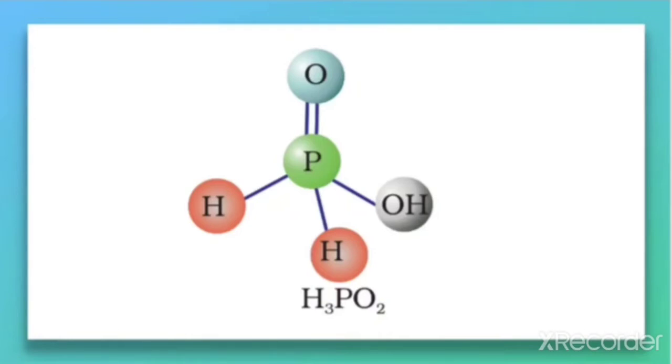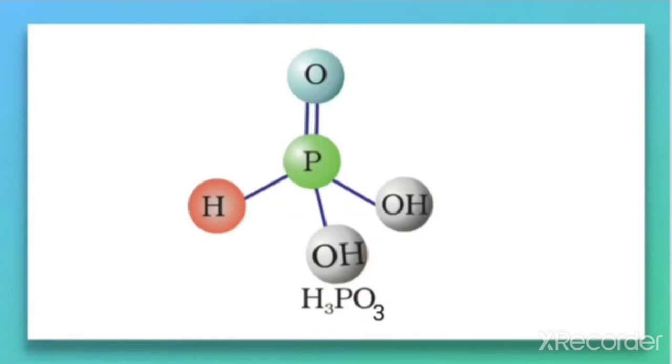Let us discuss that. This is H3PO2. Look carefully here. It has two P-H. Now change one of the P-H as P-OH. Now the structure, this is the structure for H3PO3. That is orthophosphorus acid.